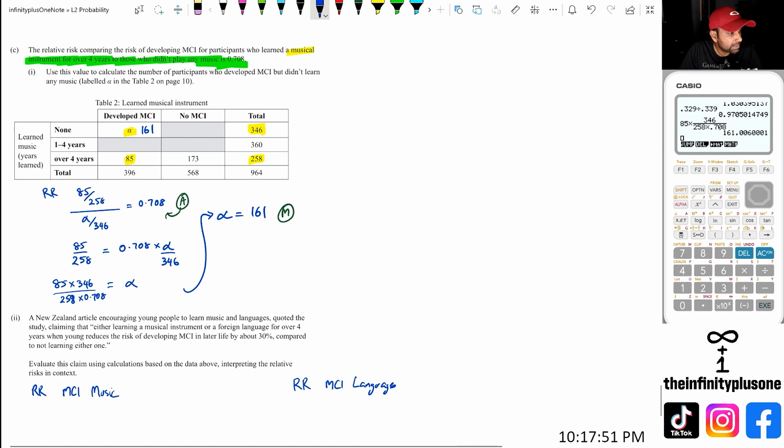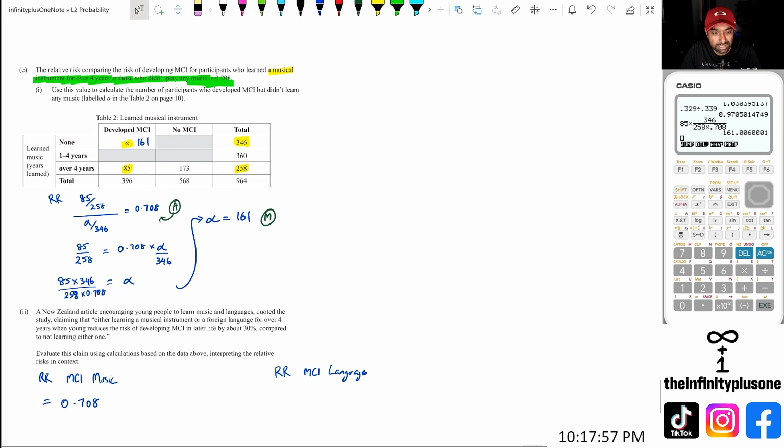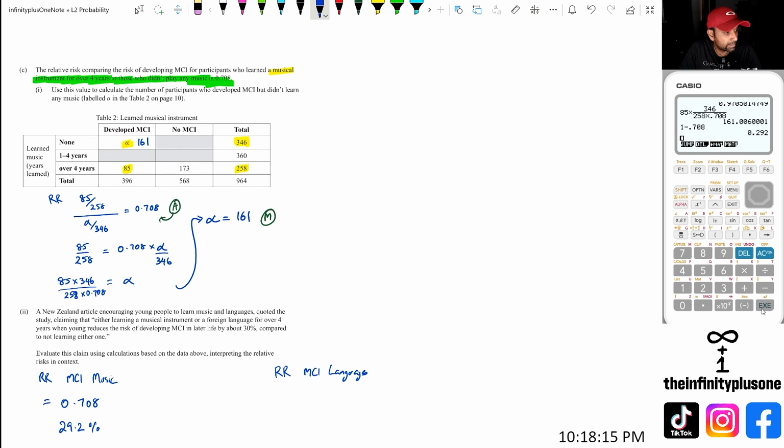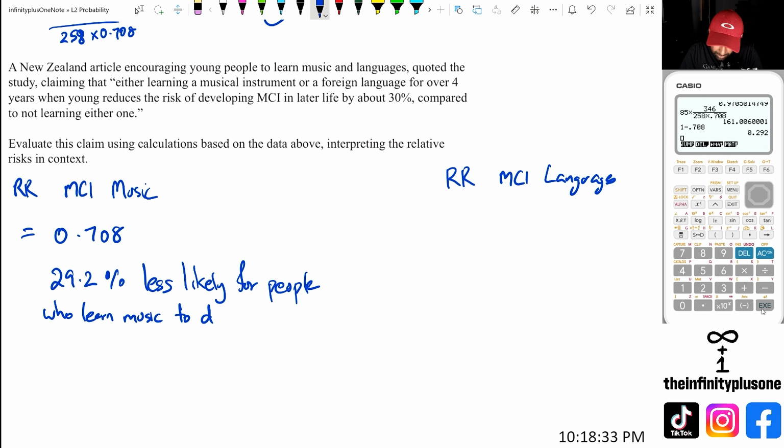So that one we can say is equal to 0.708. Now what if I do 1 minus 0.708? That's giving us 0.292. So that is 29.2% less likely for people who learn music to develop MCI.